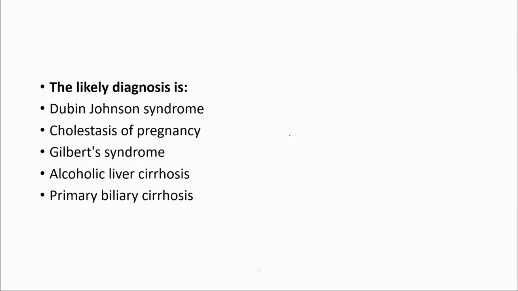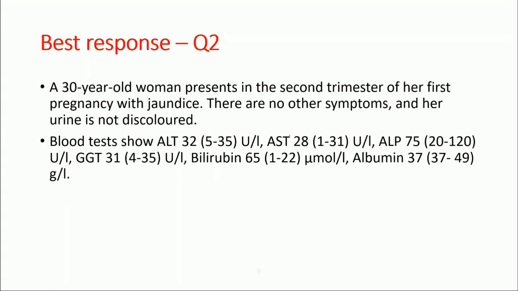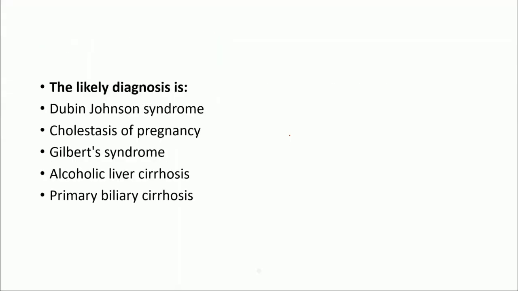With pregnancy, you start thinking of pregnancy related problems like cholestasis of pregnancy. But there's nothing to suggest that, right? And this is purely Gilbert syndrome, just the bilirubin high. If you were to do a fractional bilirubin of direct and indirect, you would find indirect hyperbilirubinemia in this case.